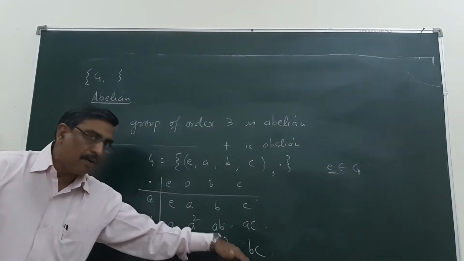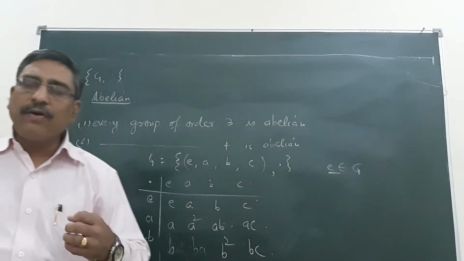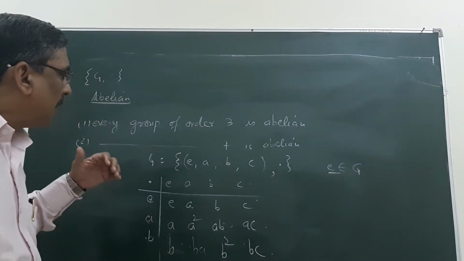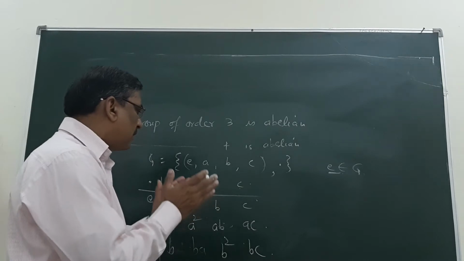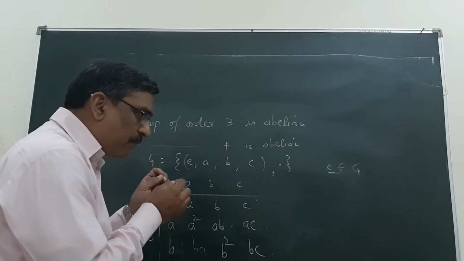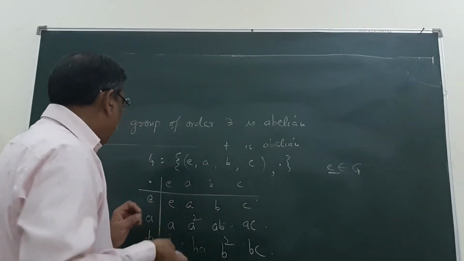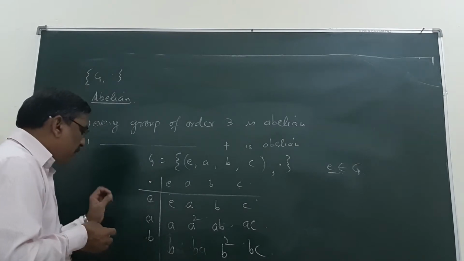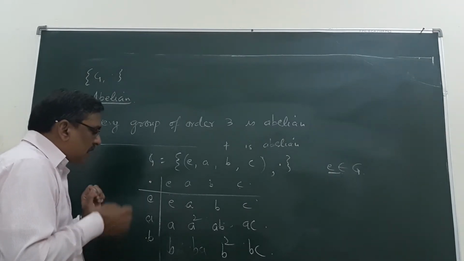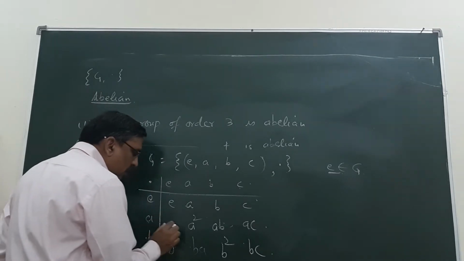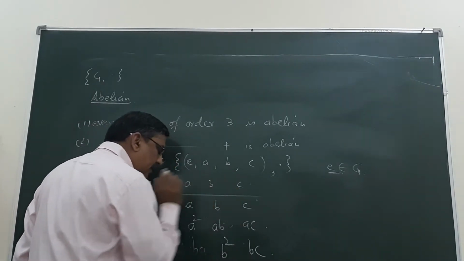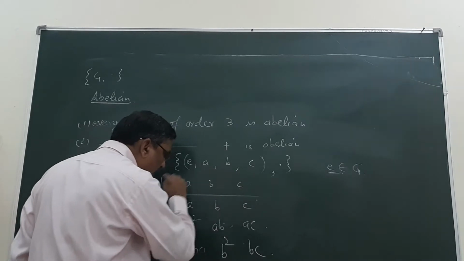So from this table we can see that this is symmetric about the leading diagonal, therefore it will be abelian. But we should prove this one by taking some one or two or three results. Let us take one thing, that every row contains each of the elements of the group.